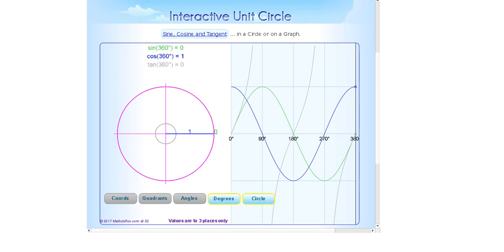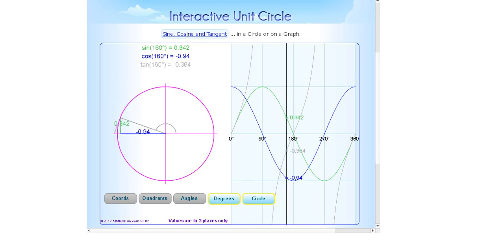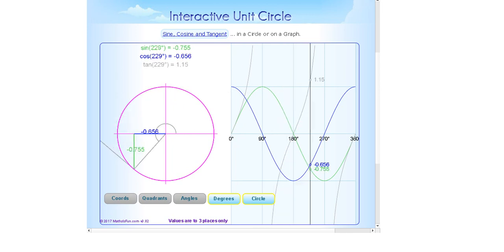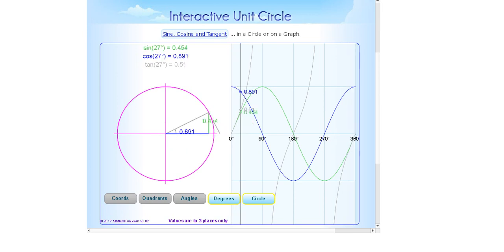The green one on this graph is sine, the blue one is cosine, and the gray one is tangent. Once you go around the circle one time, sine, cosine, and tangent repeat again, over and over.